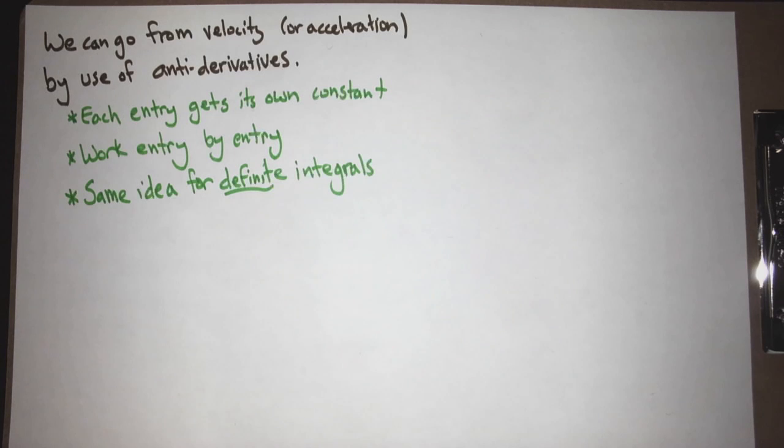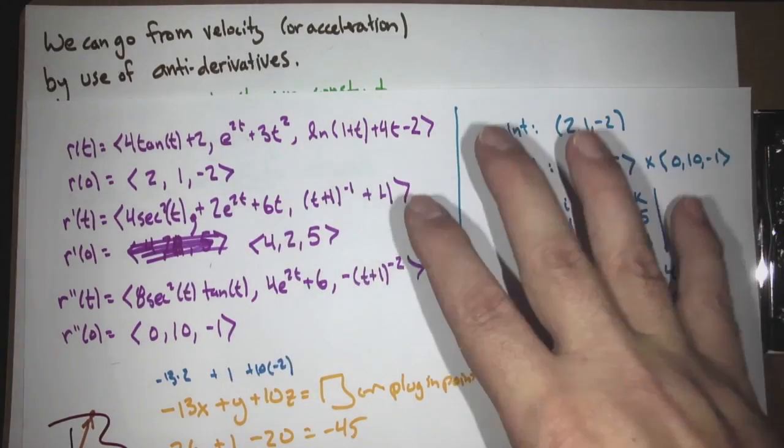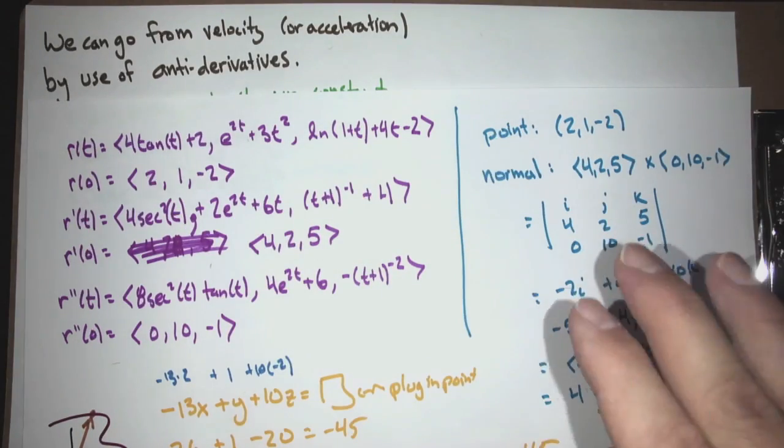Now you might say, okay, but how do we integrate? Well, we integrate term by term, entry by entry. And whoa, isn't that how we do derivatives? Yes, exactly, entry by entry. We are essentially doing a lot of Calc 1 problems here.